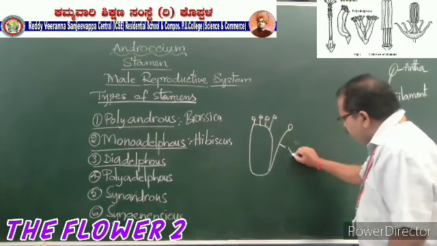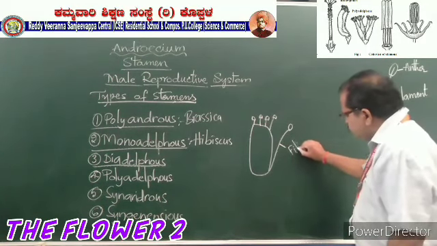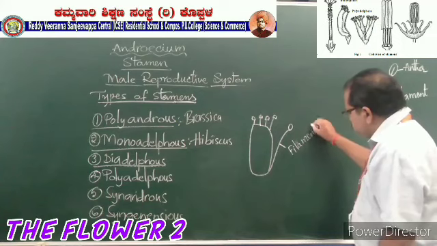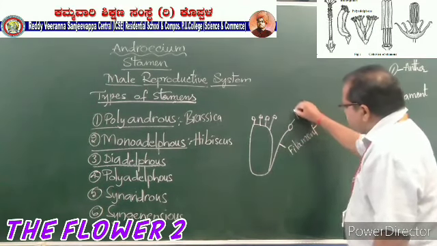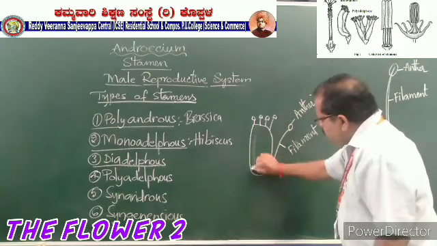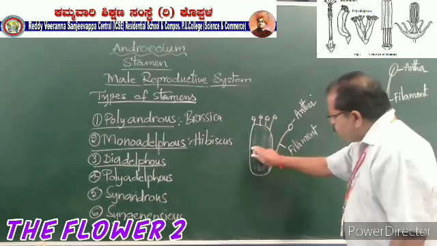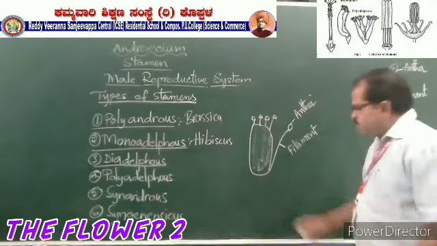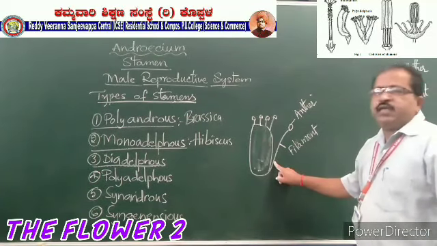So this is the filament, this is the anther. So in this condition, all the filaments are fused together and form two bundles. This is the one bundle and this is the other bundle.